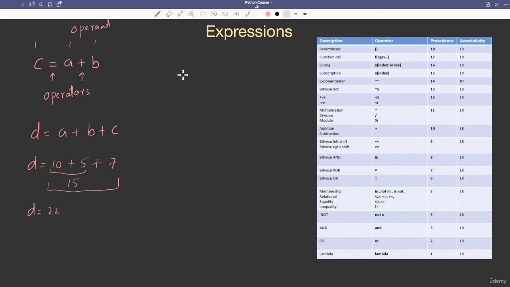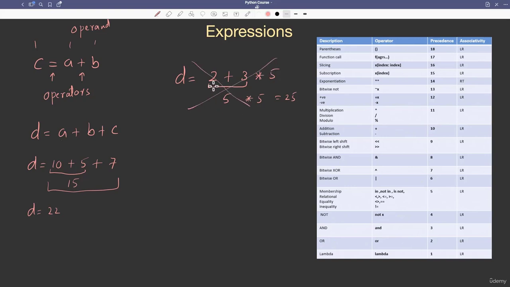Now suppose I have an expression, with numbers, 2 plus 3 into 5. What does it mean? Does it mean add these two, 2 plus 3, that is 5, then multiply by 5 and the result is 25? No, wrong.